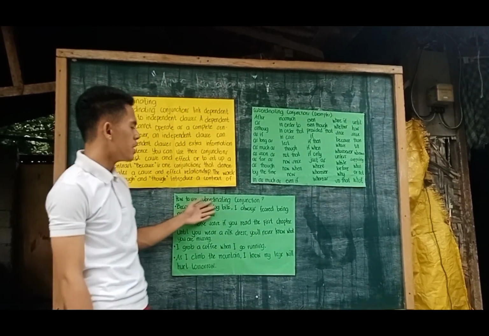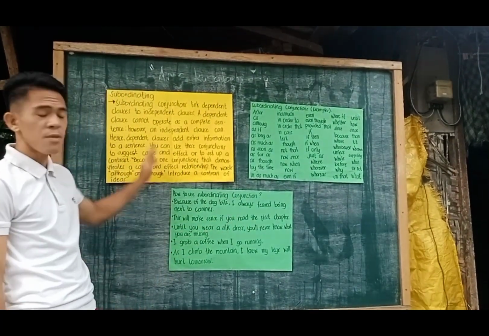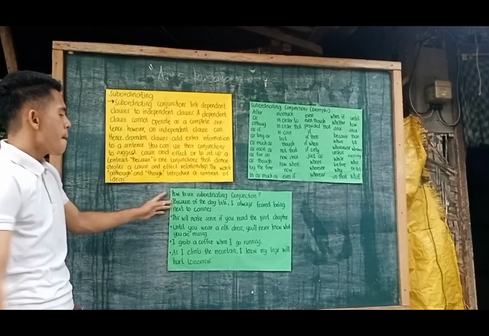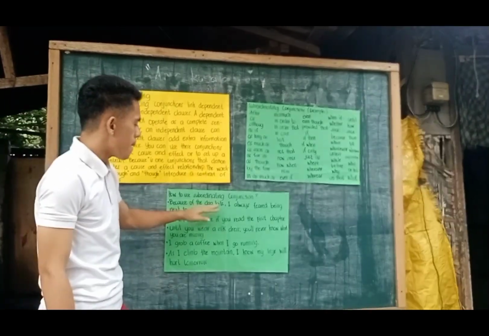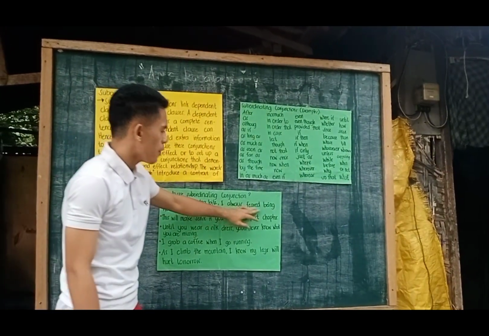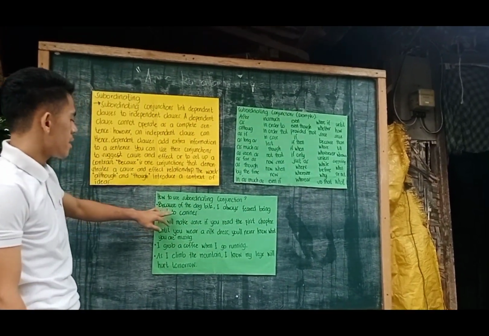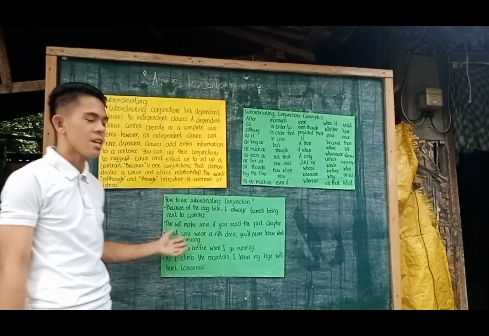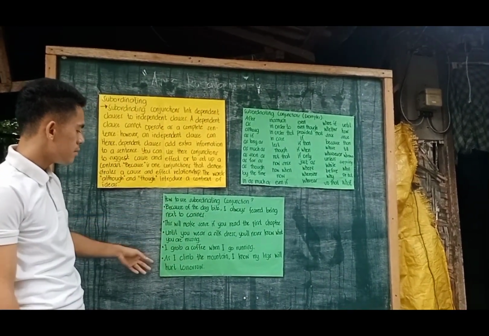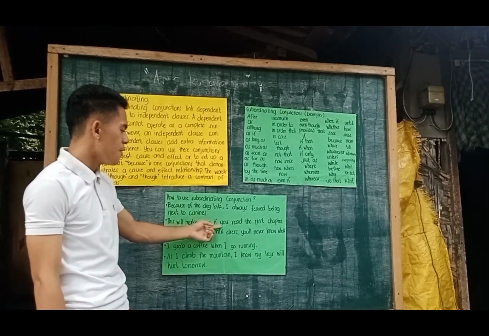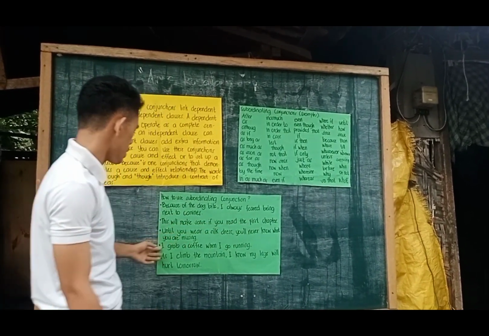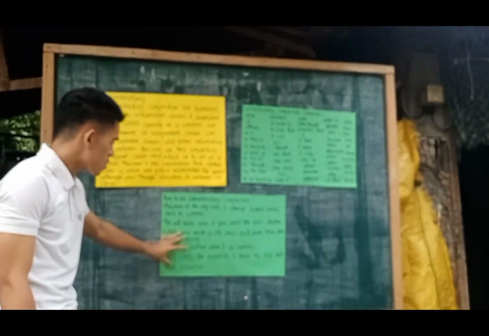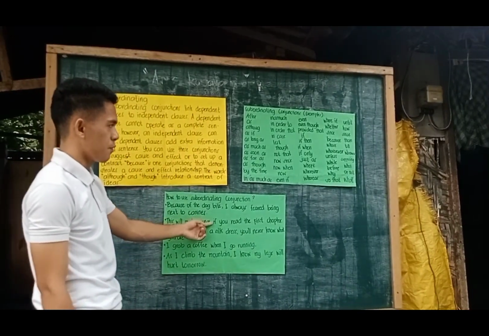So how do we use subordinating conjunctions? I have prepared examples here for you to understand it more. Because of the dog bite, I always feared being next to tonics. The conjunction here is because. This will make sense if you read the first chapter. The subordinating conjunction here is if.